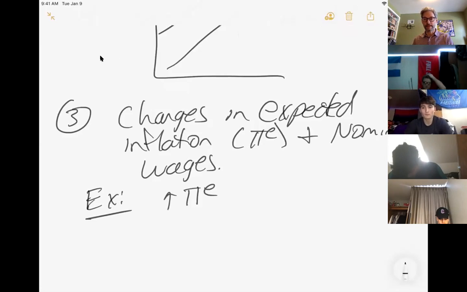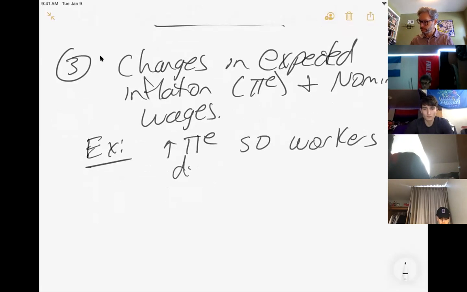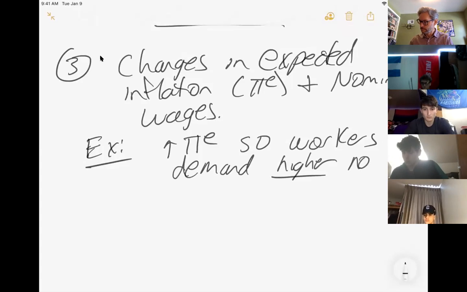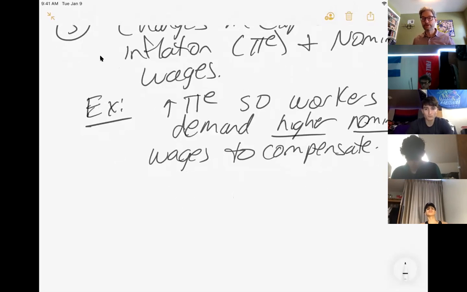Let's say that the public expects inflation to be higher in the future. And as a result, workers demand higher nominal wages to compensate them for the fact that expected inflation is higher.